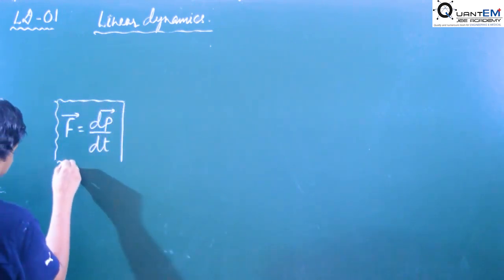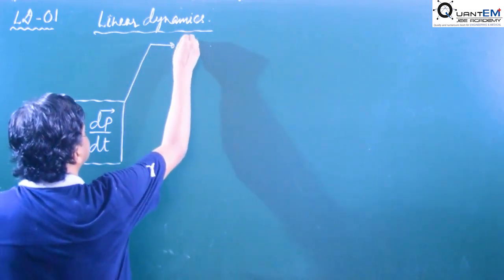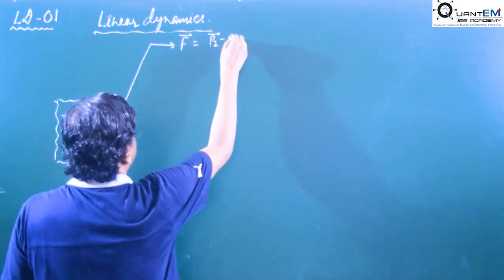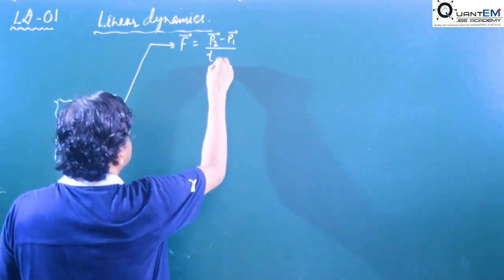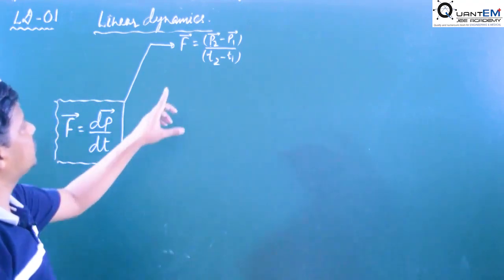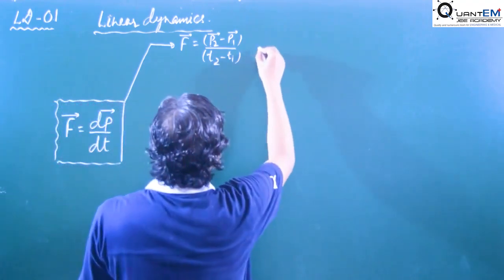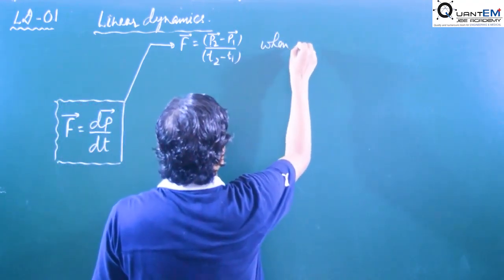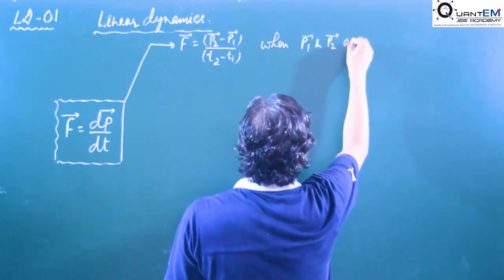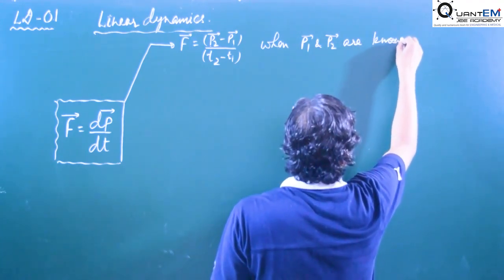F is equal to p2 minus p1 by t2 minus t1. This formula is used only when the initial and final momentum is known or can be calculated. So when p1 and p2 are known, then you have to use this formula.